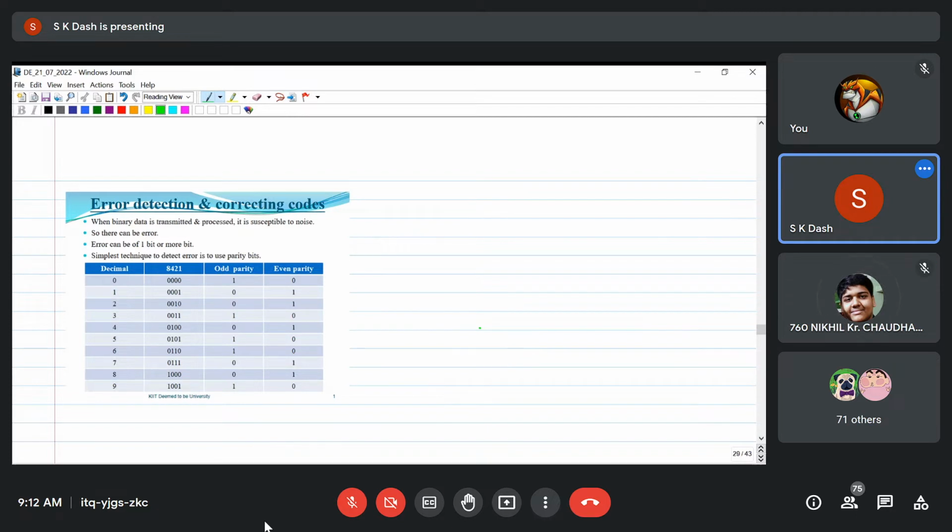Is it correct? Similarly, for even parity, the number of ones needs to be an even number. So it's just the complement. So verify this also.